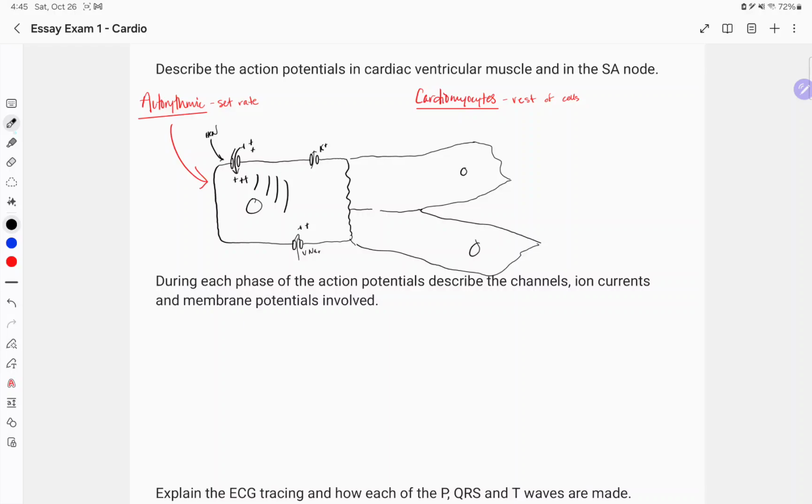And because we have some gap junctions in between our autorhythmic cells and cardiomyocytes, they're all stacked and connected together.